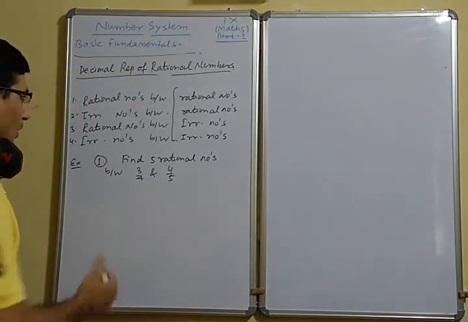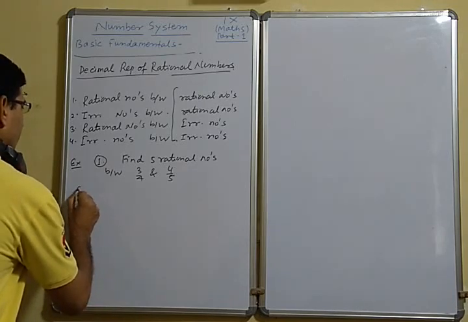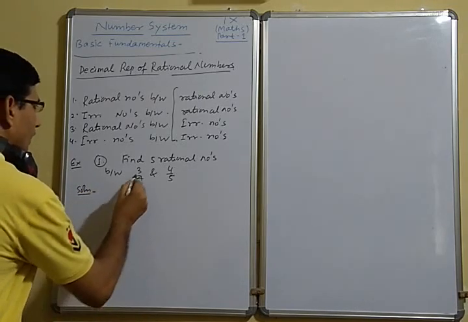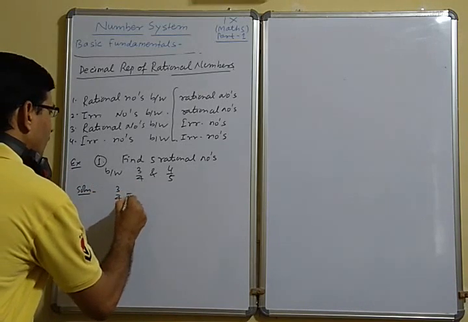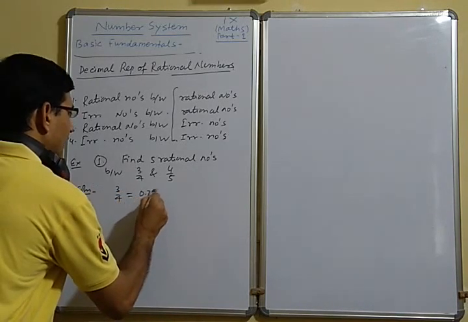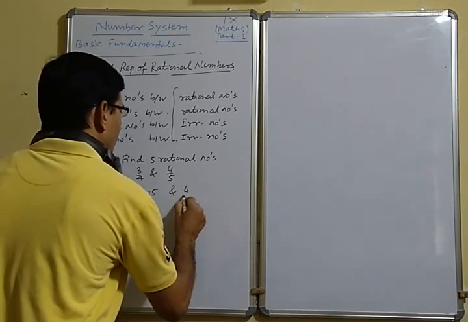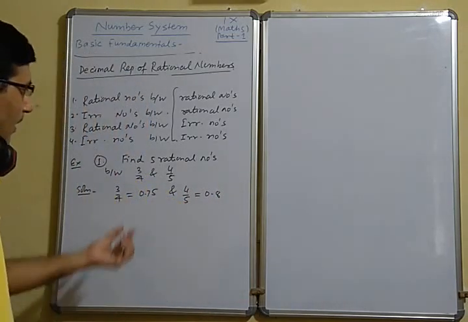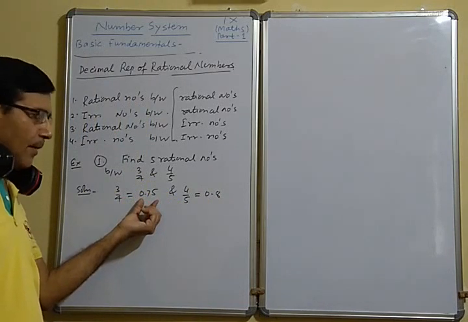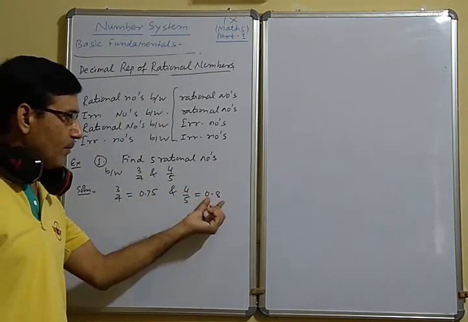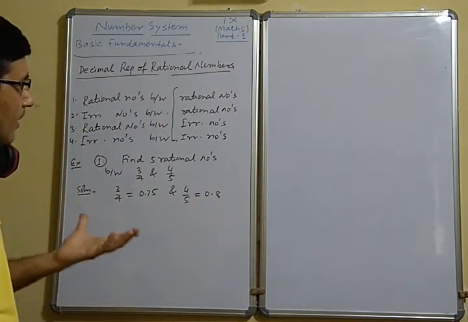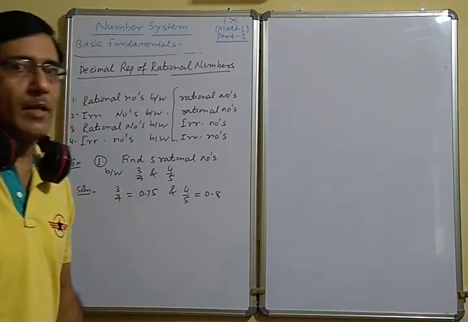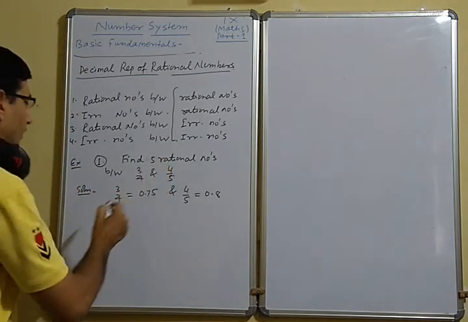Now there is one more method. Solution: 3/4 we can write as 0.75, and 4/5 is 0.8. So between 0.75 and 0.8 there are infinite rational numbers, and we have to write only 5.